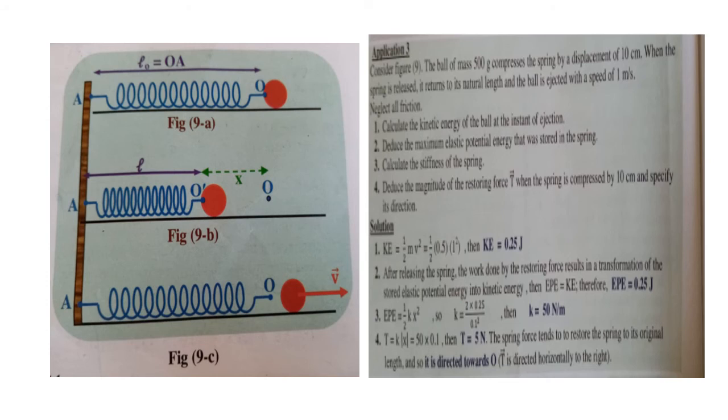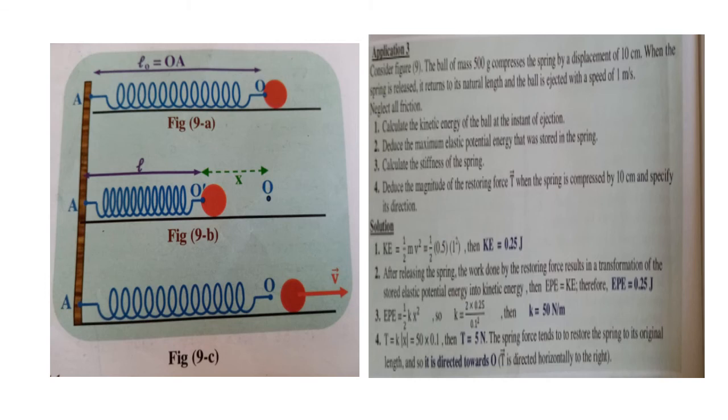In part 2, you should deduce the maximum elastic potential energy that was stored in the spring. According to the principle of conservation of energy, which says that energy is neither created nor destroyed, it transforms from one form to another, we can conclude that the kinetic energy of the ball at ejection was mainly the elastic potential energy stored in the compressed spring.